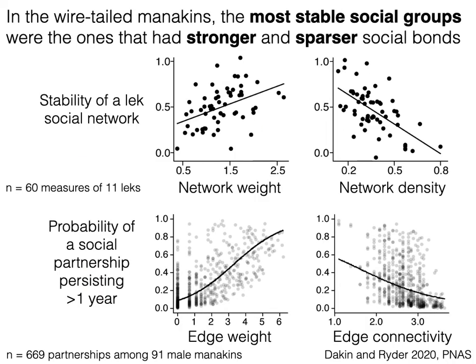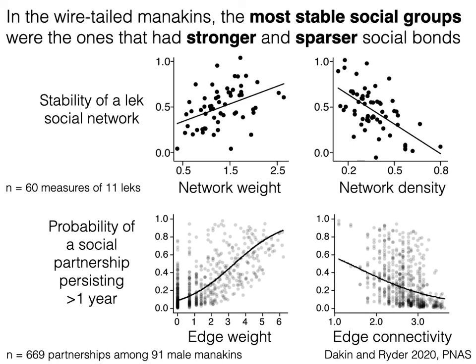Okay, so what we found, this is quite a complicated slide, so I'll try to walk you through one graph at a time. What we found was that stability was explained by how strong the relationships were. Stronger relationships were more stable, but also how sparse they were. Groups that had fewer relationships were also more stable. On the top part of the slide, you see two graphs that are looking at the network level.